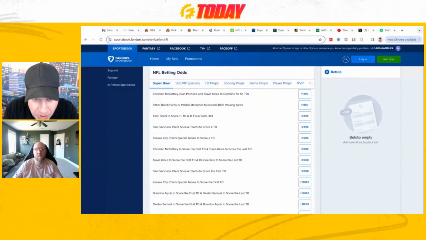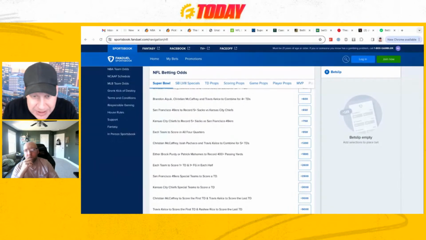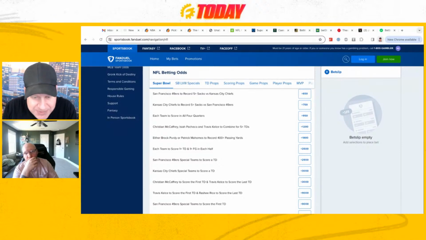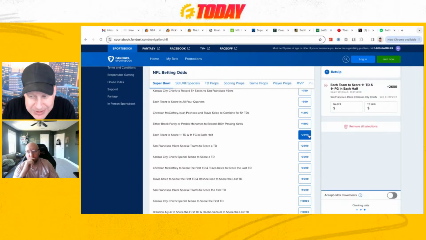Does it correlate to a low scoring game? Does it correlate to the passing yards being higher or lower for some other player? Because they typically don't give you these types of bets, like each team to score one touchdown and one field goal in each half. Now, is that somehow correlated to some player's prop?